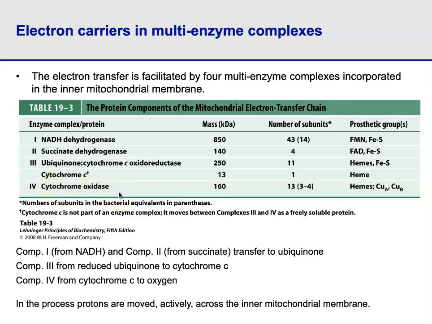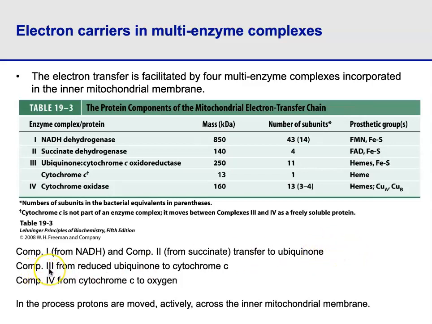Now, the way the electrons flow is complex 1 will pick up electrons from NADH, and complex 2 will pick up electrons from succinate, or FADH2, and these electrons will be transferred to ubiquinone, converting it to ubiquinol.